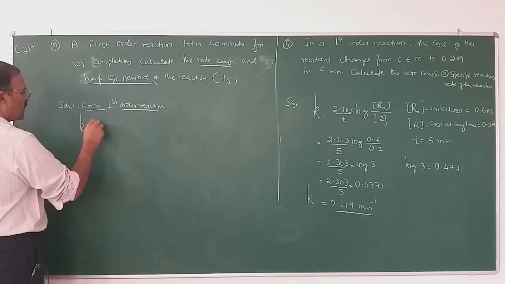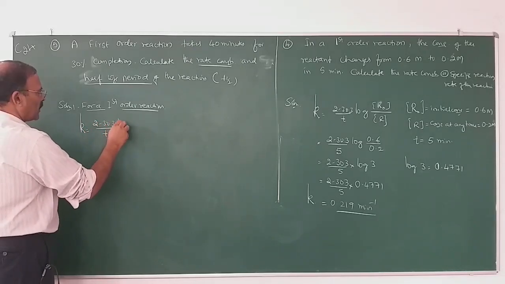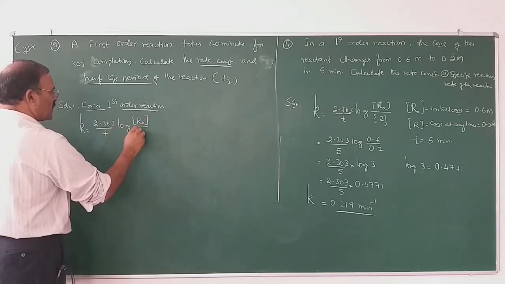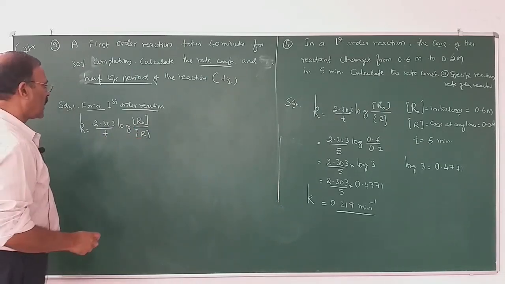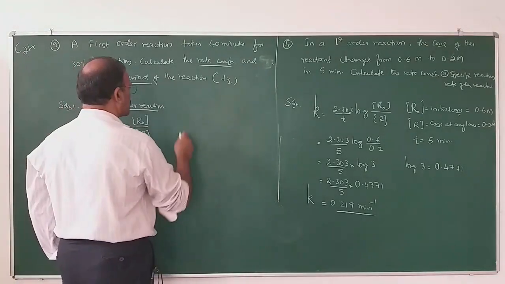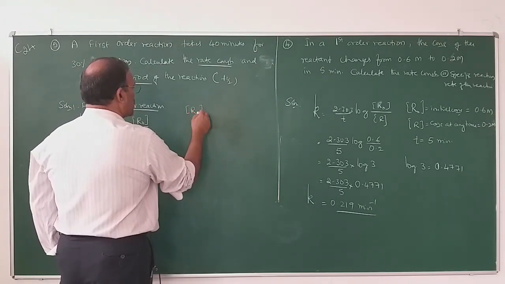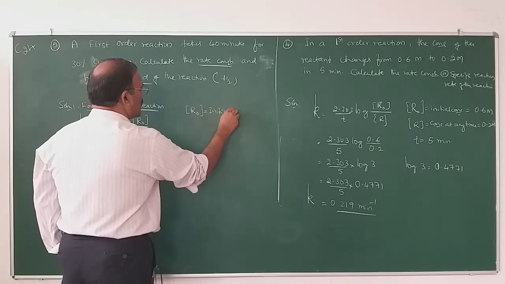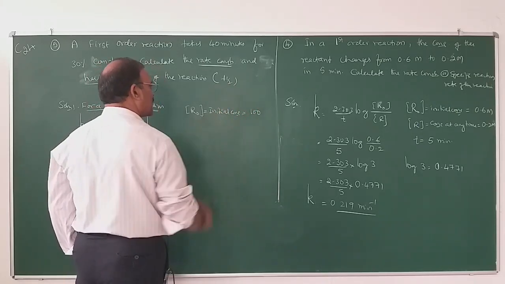rate constant K equals 2.303 by t log of initial concentration and concentration at any time t, R naught by R. So here, what is R naught? Initial concentration. Here let it be 100.